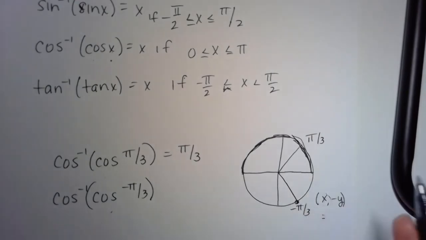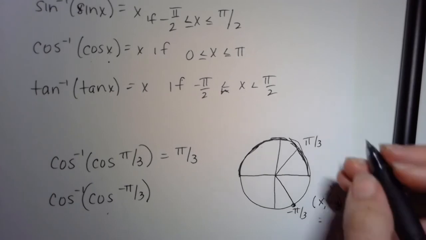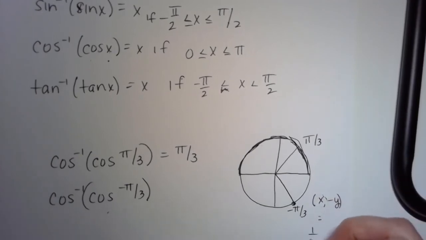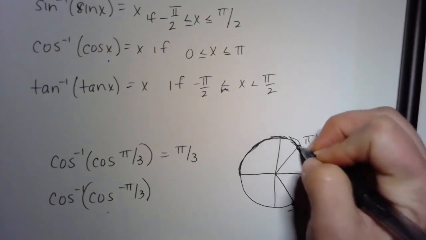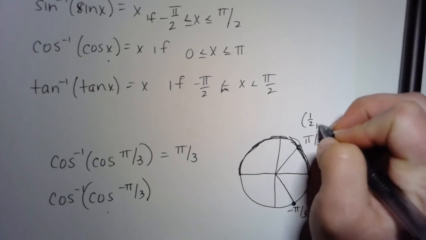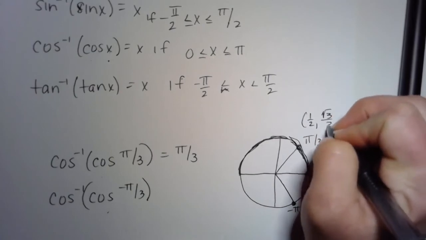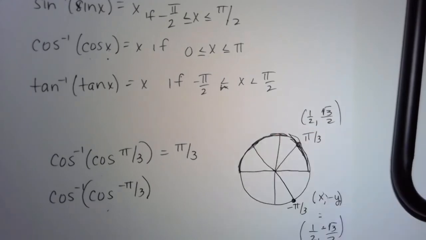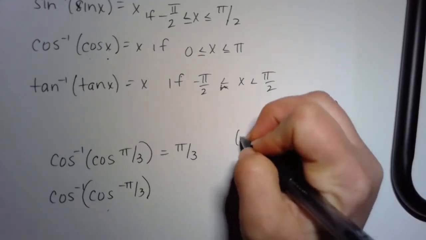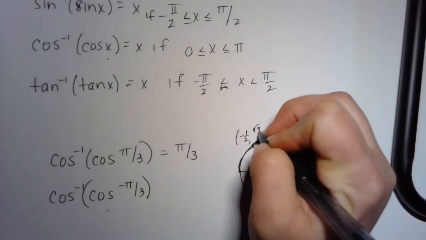So let's see, the cosine of pi over 3 is a half, right? Negative square root of 3 over 2 if I wrote the ordered pair here. And this one up here would be 1/2, square root of 3 over 2. If I was looking over here in the second quadrant, this one would be negative 1/2, square root of 3 over 2.